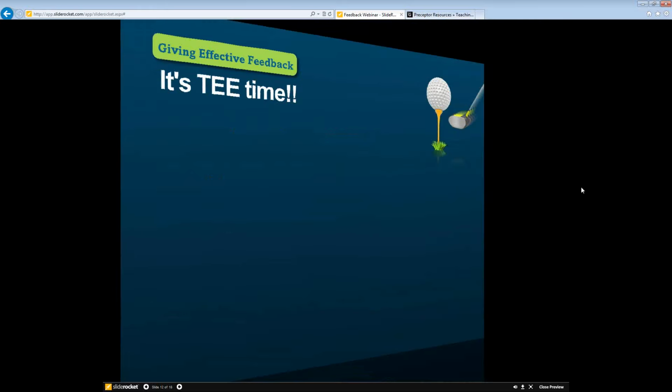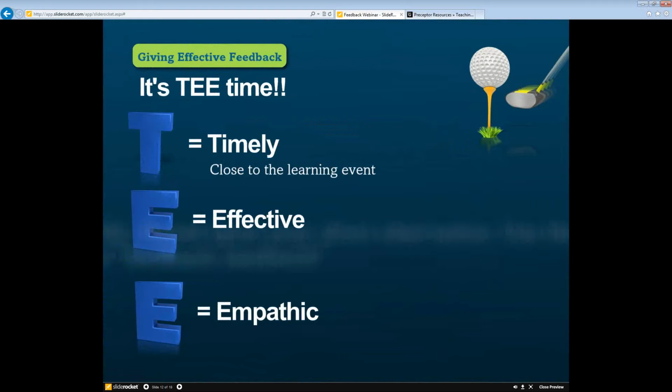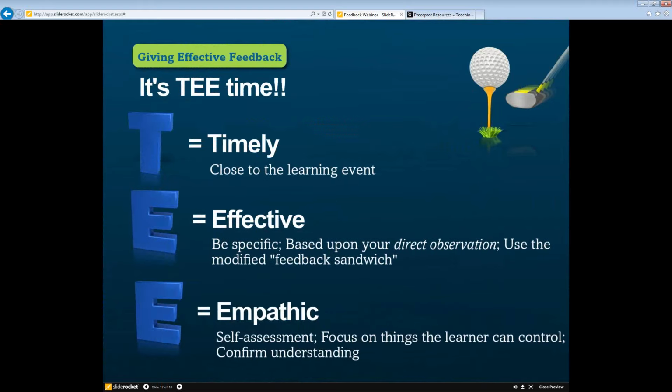So this is one way I like to have you think about characteristics of effective feedback. You don't have to remember all of this, but I like putting things together to kind of take a little chunk and hold on to it. So T time is the way I like to think about giving feedback. The T time is timely, effective, and empathic. And timely, it should be close to the learning event.